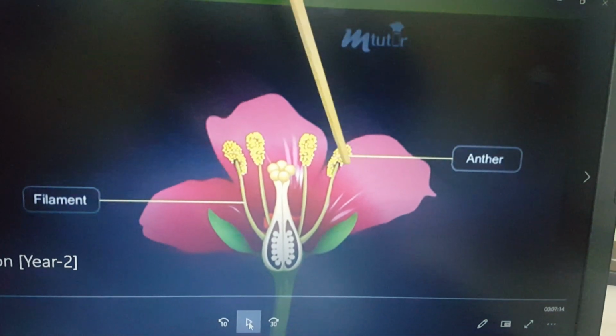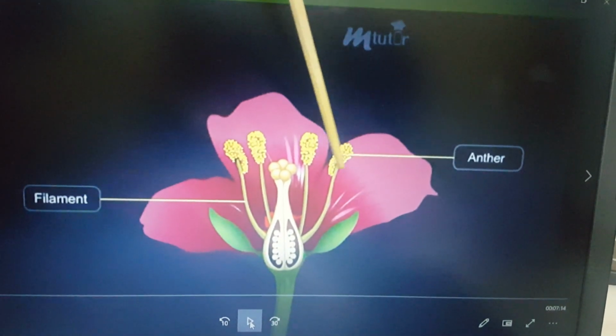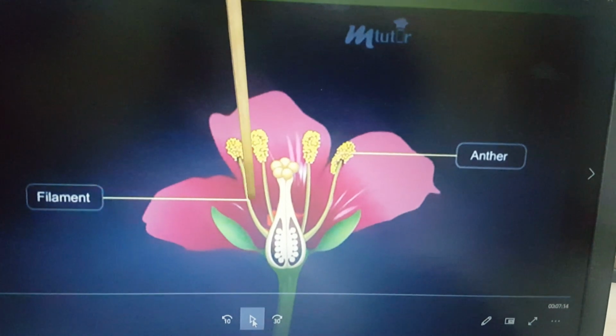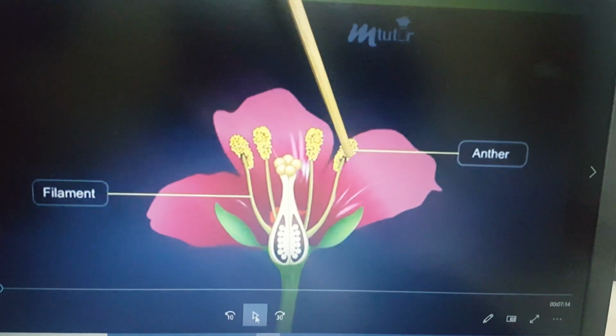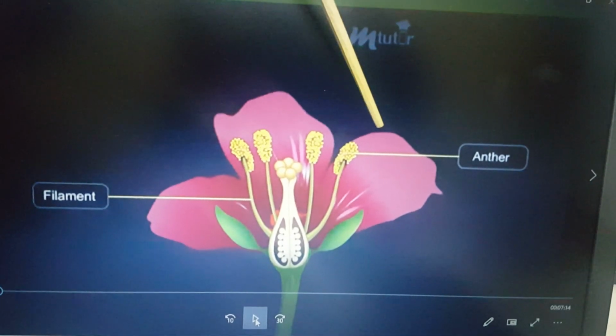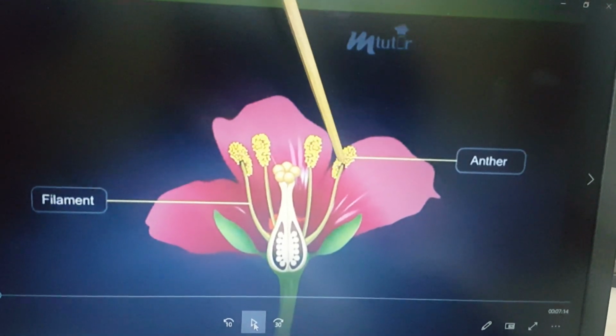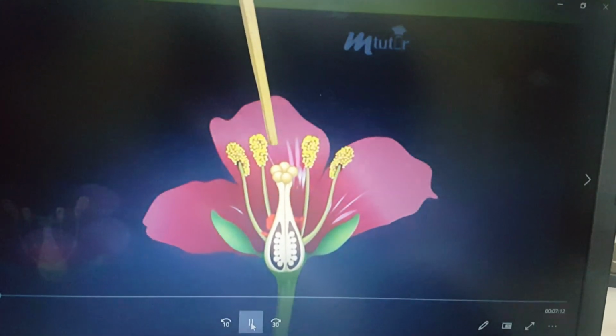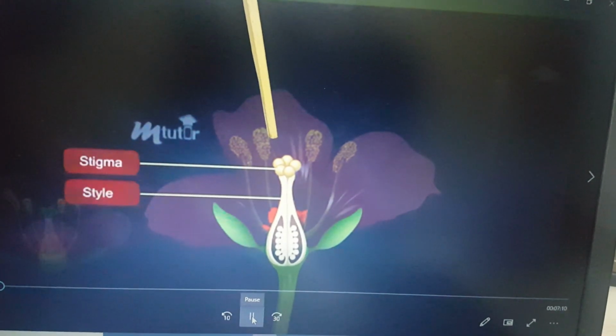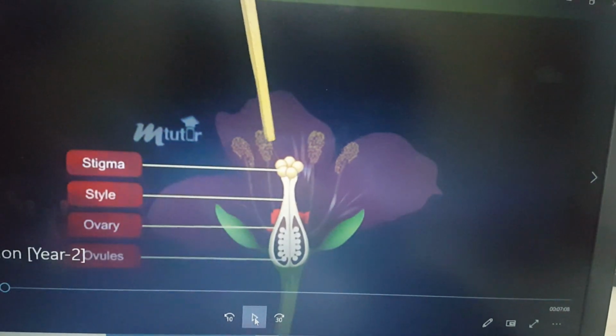One is the anther, which you could see as the yellow part over here, and then you have a stalk-like structure known as the filament. So the stamen is divided into two parts, anther and filament.